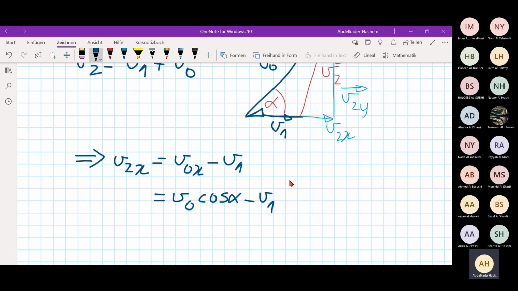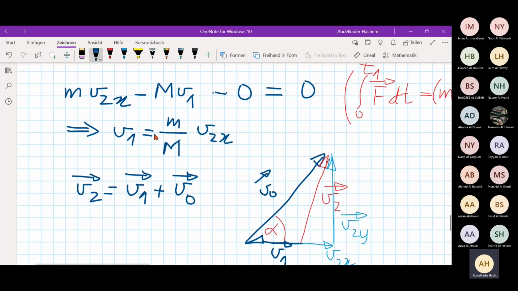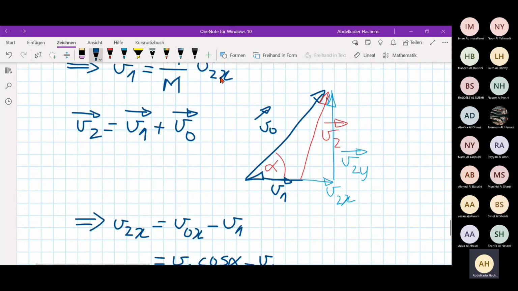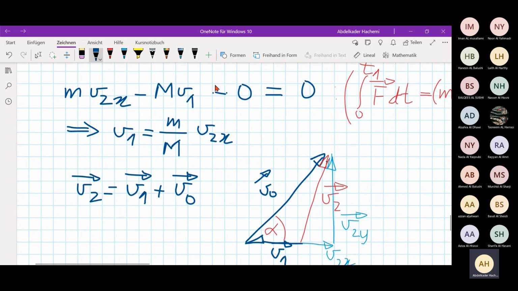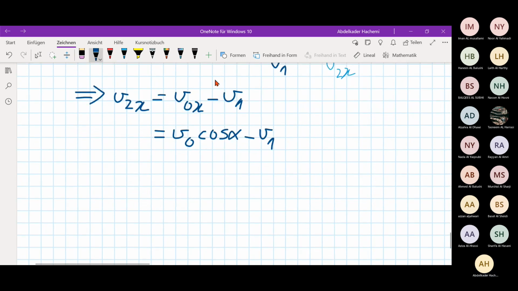Now, the expression of V1 as a function of V2x, I write it as equation 1, and this one as equation 2.